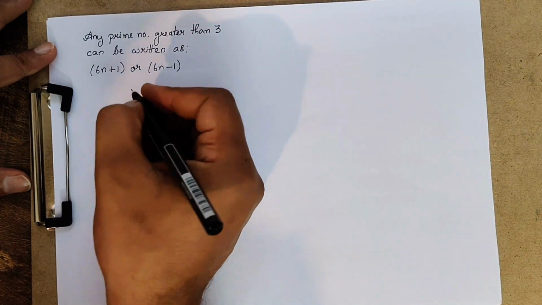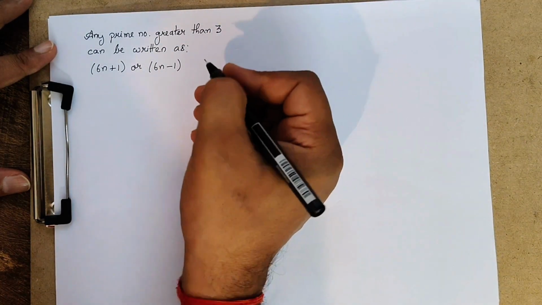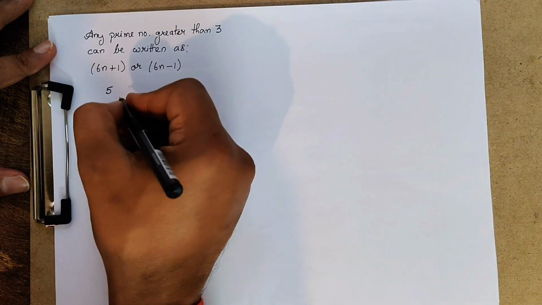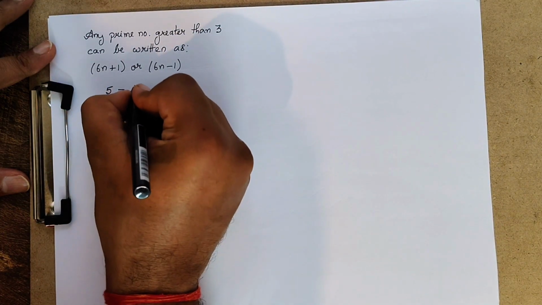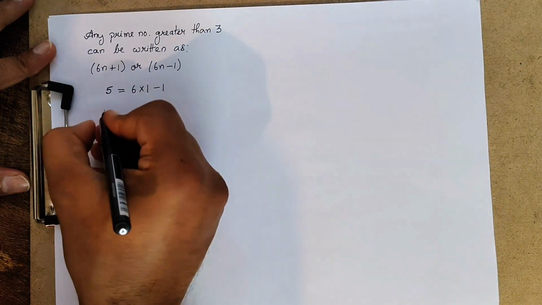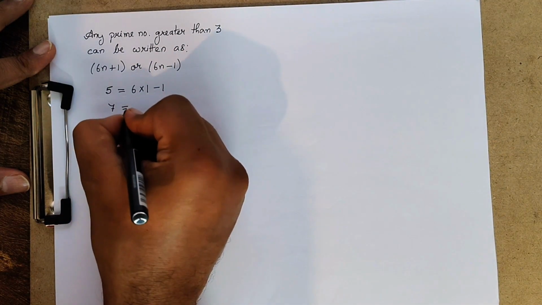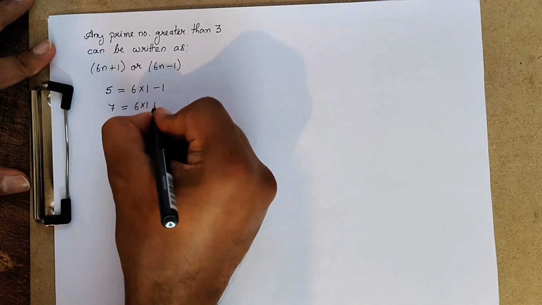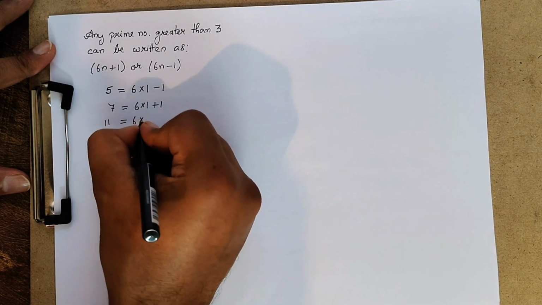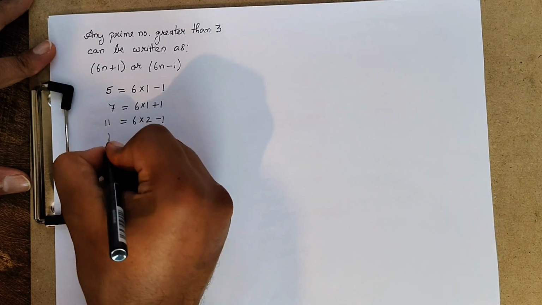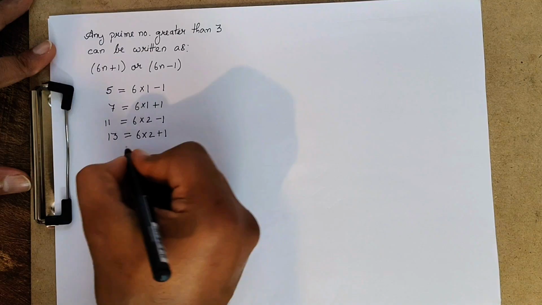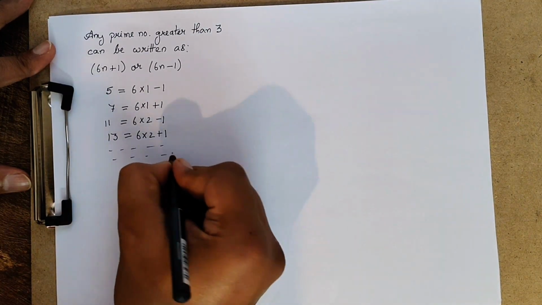So this is true only for prime numbers greater than 3. Let's see, can 5 be written as either of the form? 5 can be written as 6 into 1 minus 1. 7 can be written as 6 into 1 plus 1. 11 can be written as 6 into 2 minus 1. 13 can be written as 6 into 2 plus 1, and so on.